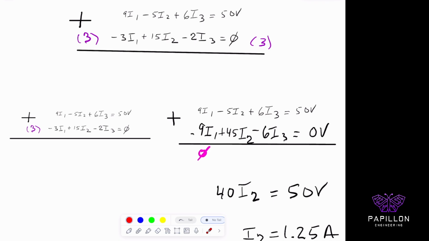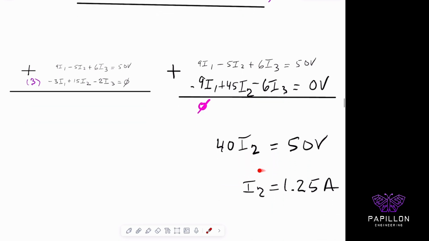The 6i3 and the minus 6i3 cancel out as well. So I simplified it, and I'm left with an equation that's hopefully nice and easy for us. In other words, I get back 40i2 equals 50 volts. So now I know for certainty that my value of I2 is going to be 1.25 amps.